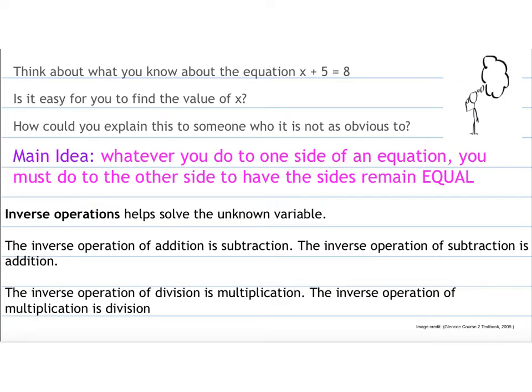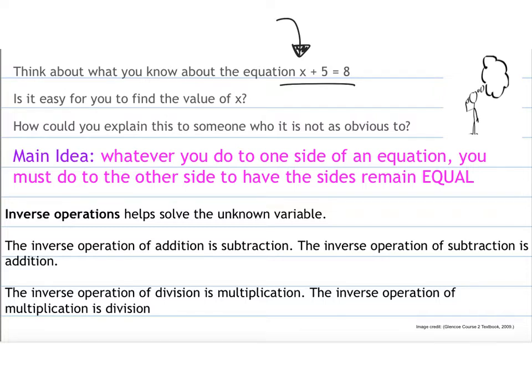So let's think about what we know about the equation x plus 5 equals 8. Basically, this is telling us that a number plus 5 equals 8. A number, meaning the variable x, which stands for an unknown number that we have to figure out, plus 5 equals 8.